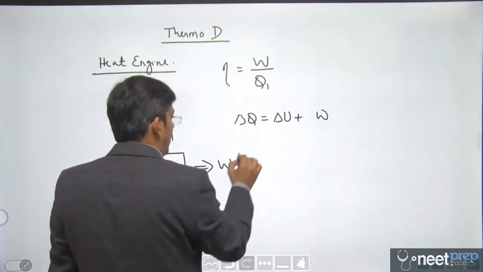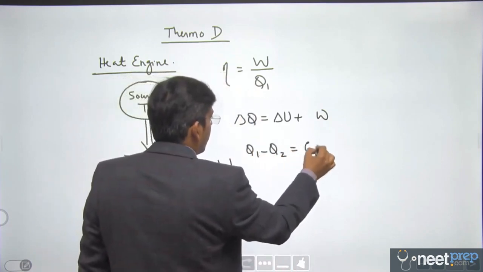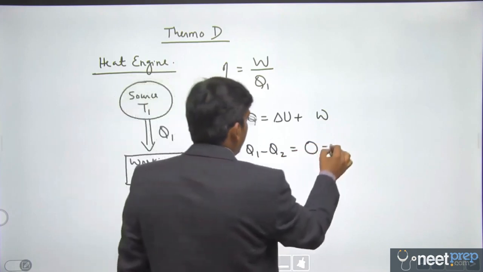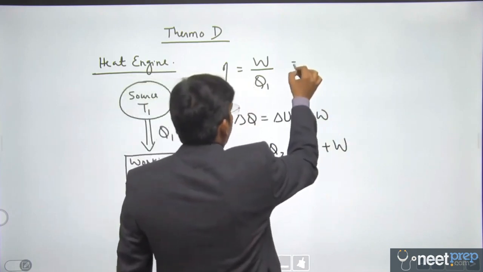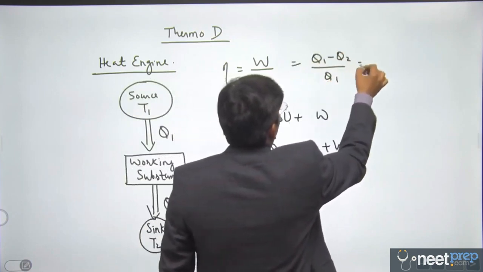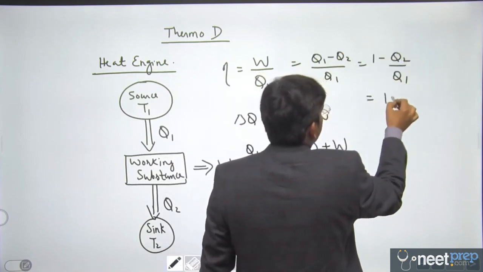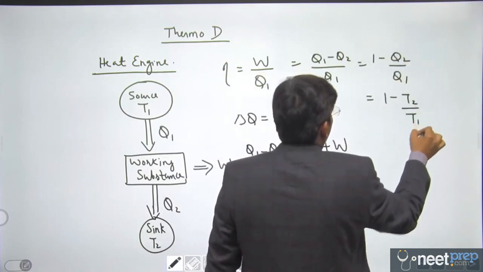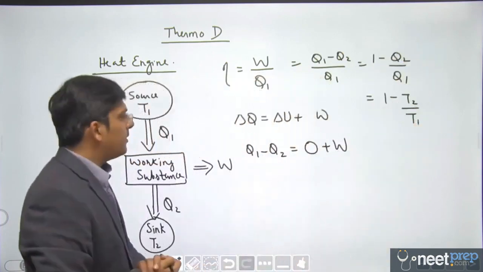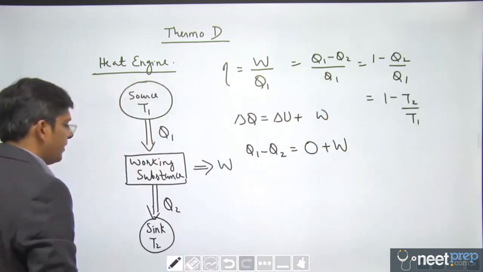So heat utilized is actually Q1 minus Q2, and change in internal energy is 0 since the process is cyclic, plus W. So we get efficiency as (Q1 minus Q2) divided by Q1, which is 1 minus Q2 by Q1. Heat is basically directly proportional to temperature, so this becomes 1 minus T2 by T1, right dear students? This is the basic thing about the heat engine. Can you note it down, dear students?